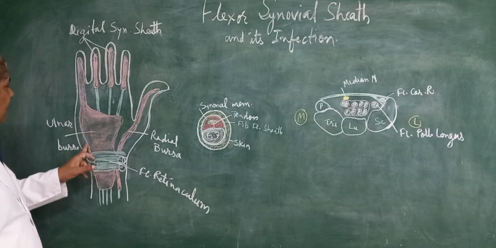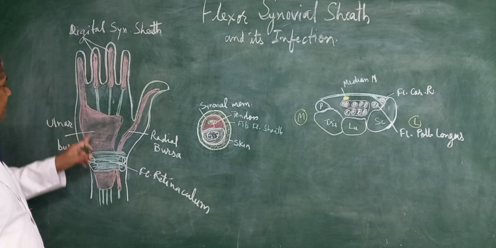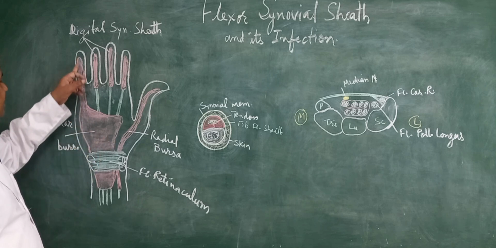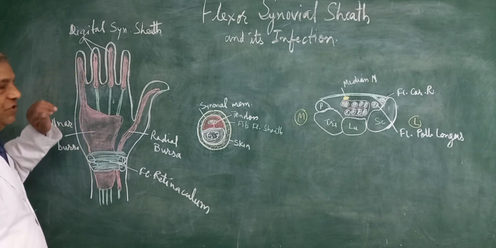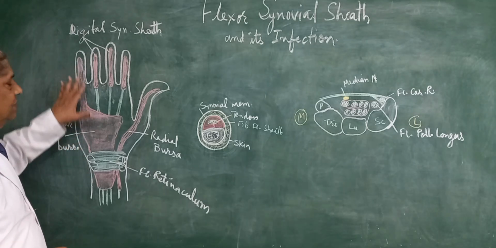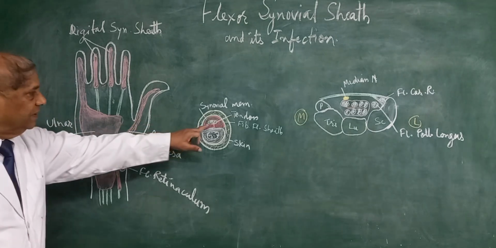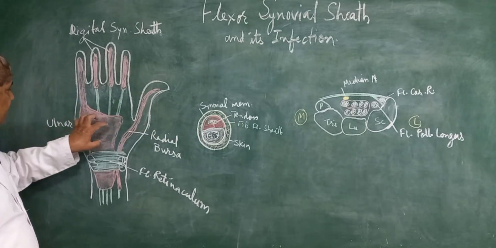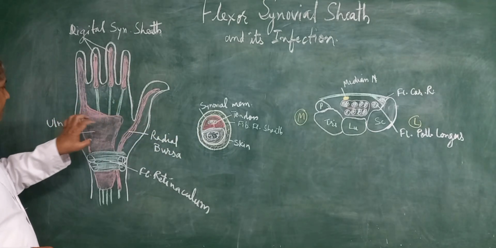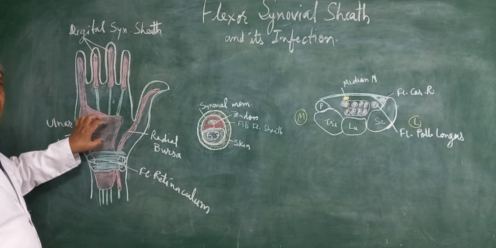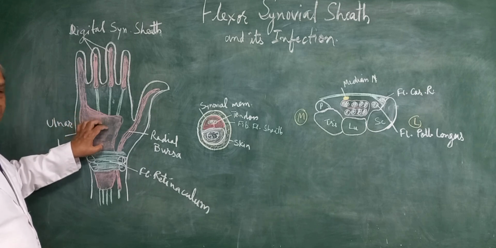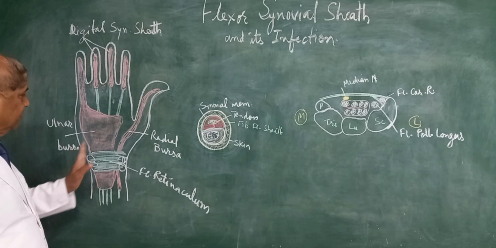Then from its medial aspect, the same sheath becomes continuous, surrounding the tendon going to the little finger. The sheath surrounding the little finger tendons is continuous with the main ulnar bursa. This is called the ulnar bursa because it is on the ulnar side.